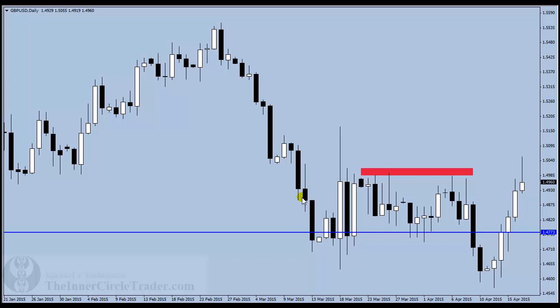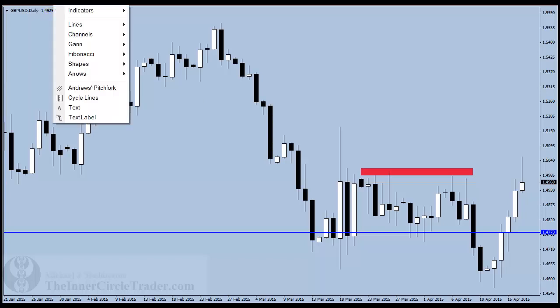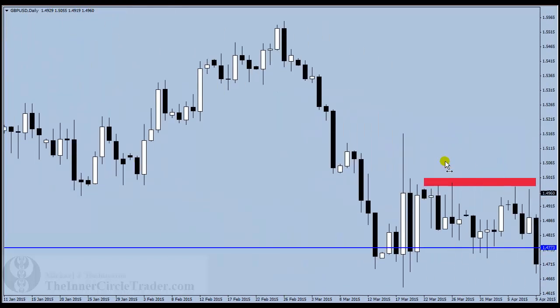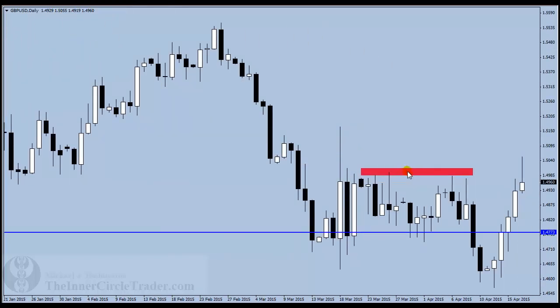Prior to this move going lower, we had this down move in here. Now watch. Remember I was just discussing a couple minutes ago how we actually look at candles and bodies and wicks? This is what you would view. Well, let me just actually use this. This is actually better. I'm going to take this box, a rectangle, and I'm going to put it at the bottom of the body of the down candle right in here.